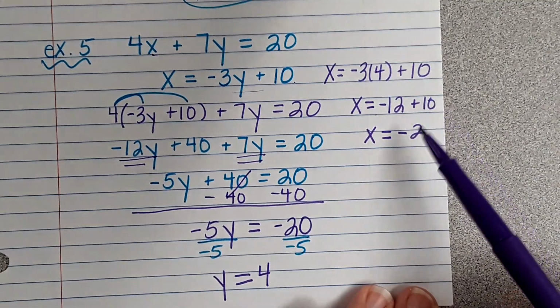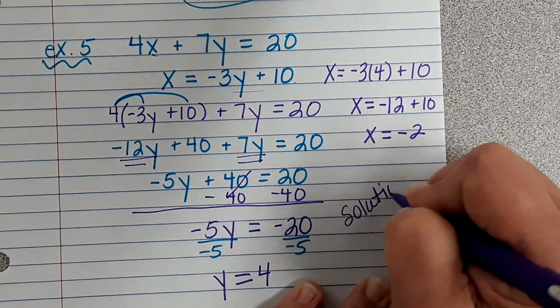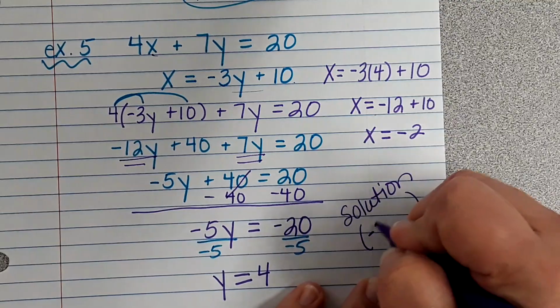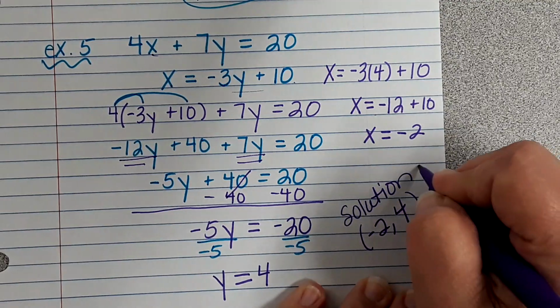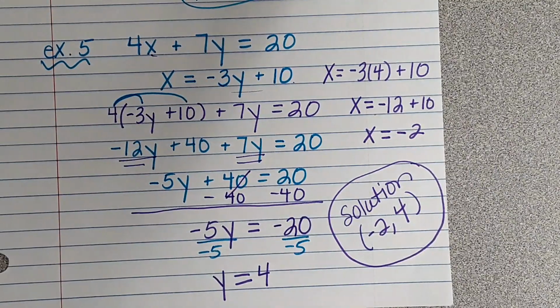Negative 12 plus 10 is negative 2. What is my solution? Yep, because it's an ordered pair. We're good?